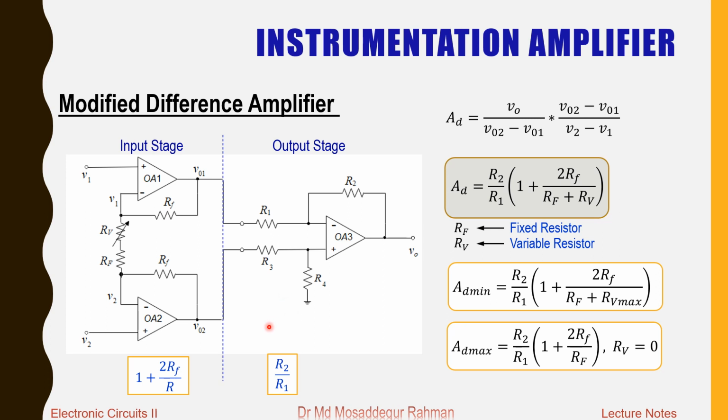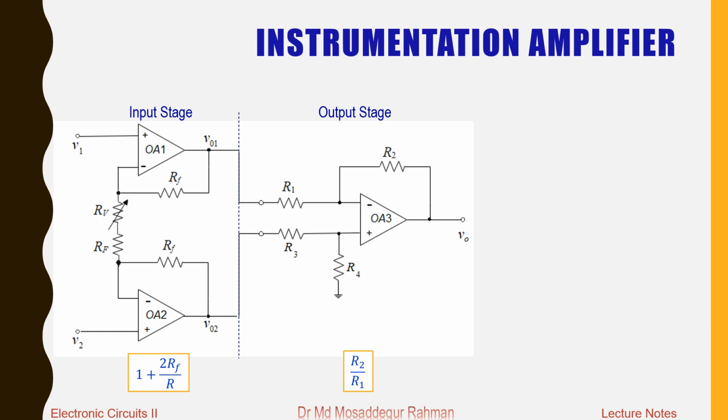Like op-amp comes in a single IC chip, similarly, the instrumentation amplifier with 3 op-amps also is fabricated and is available in the market as one single IC chip.